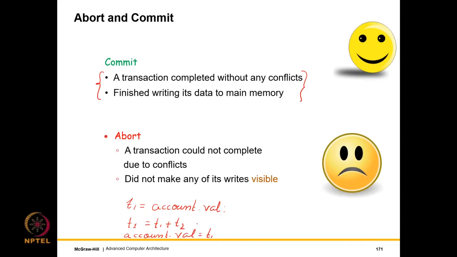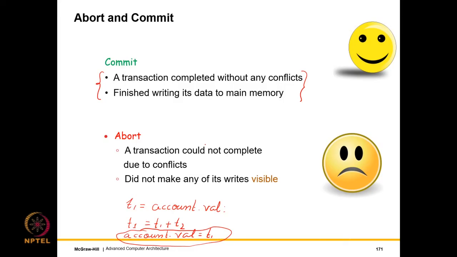If two copies of this are running and the account is the same, what can happen is that we'll have two updates to account.val and there'll be no total ordering between them. So this will be a data race, no doubt. And also in terms of transactions, there will be a conflict because the write sets will overlap. So both the transactions clearly cannot commit, in the sense they cannot write the results to main memory or to the architectural state. So one of them has to die and be aborted.